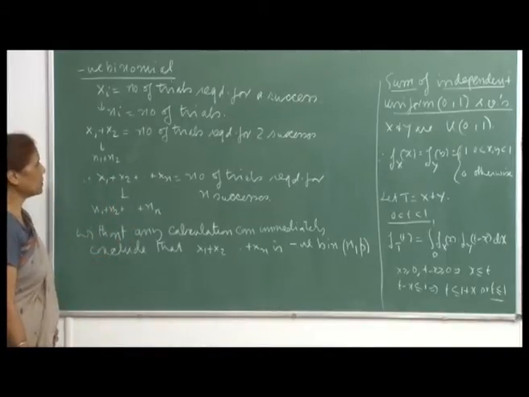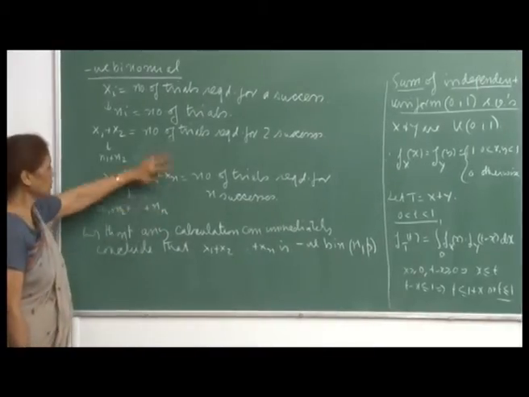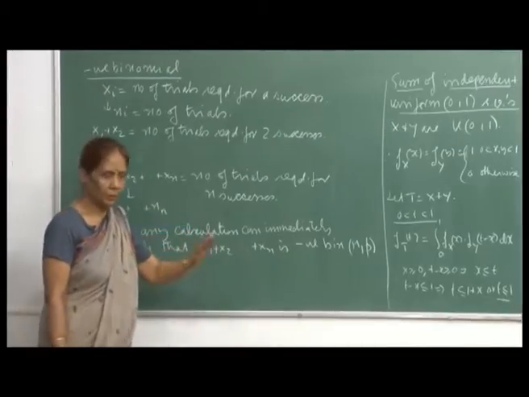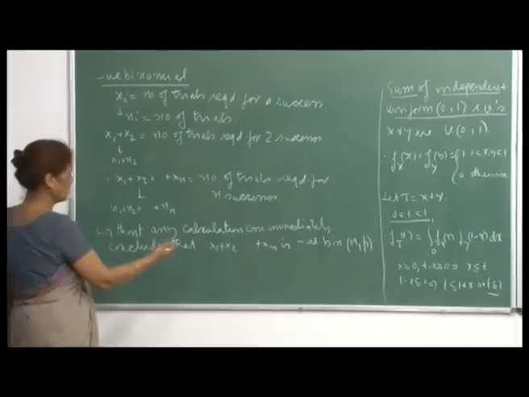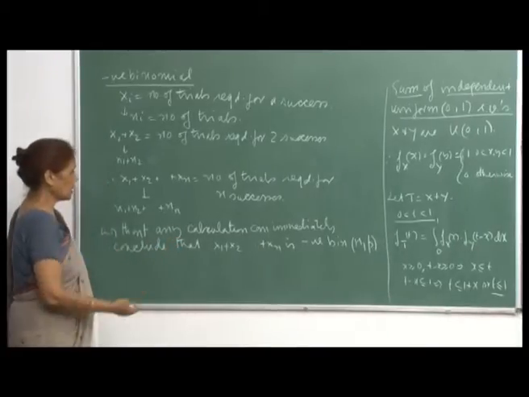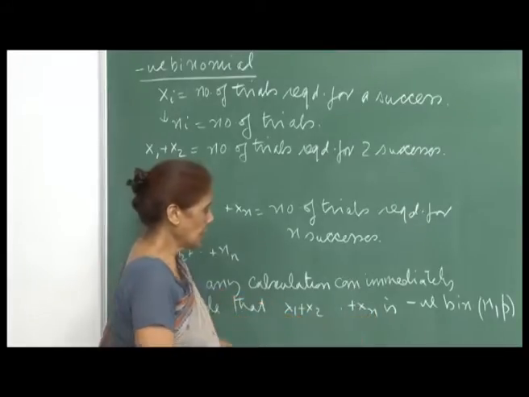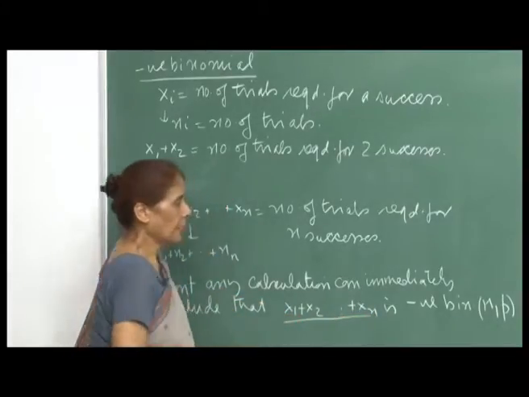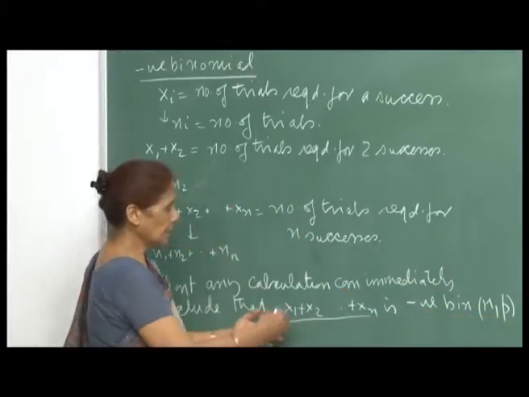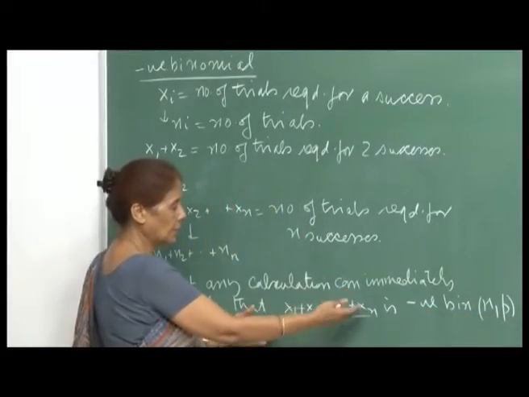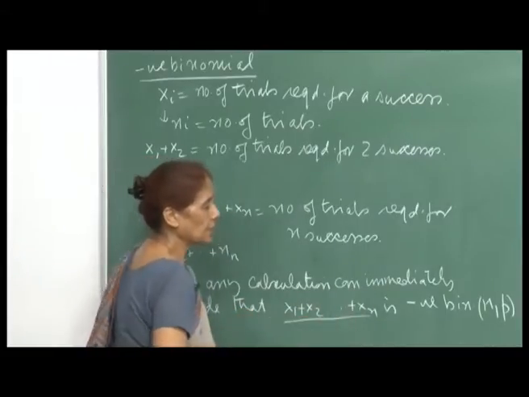Now, the next part was that without any calculation you can also conclude this. This was just to show you how you would apply convolution. Here we can also conclude by description: when you say x 1 plus x 2 plus x n, that means you are asking for n successes, and your probability of success is p, and therefore x 1 plus x 2 plus x n gives you the number of trials required for n successes when the probability of success is p.